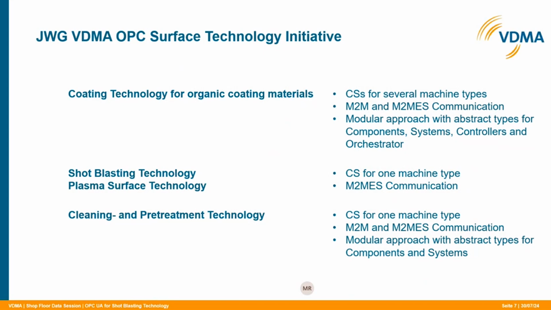And to round it up with cleaning and pretreatment technology, this is similar to the first, the coating technology for organic coating materials, because cleaning and pretreatment is also part of a coating line. So similar approach for that one. But today, the focus is the companion specification for one machine type, shot blasting technology.